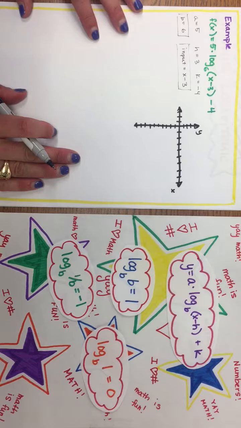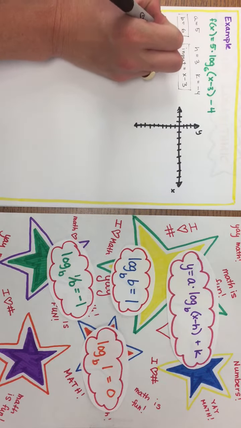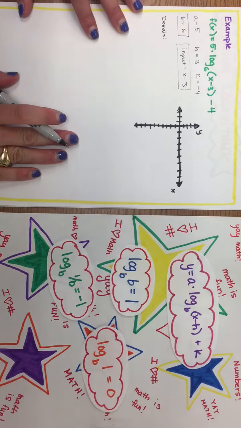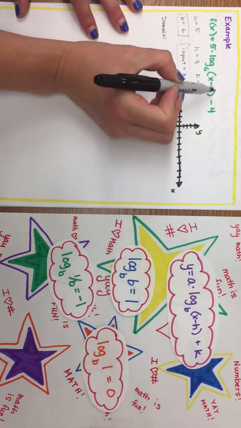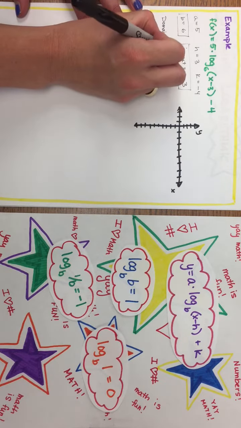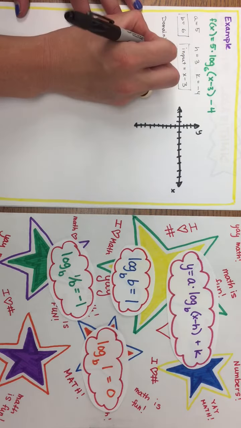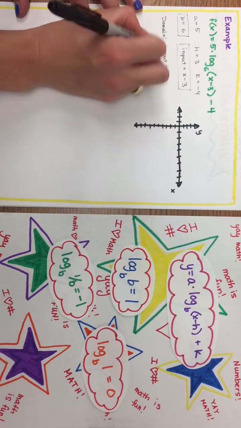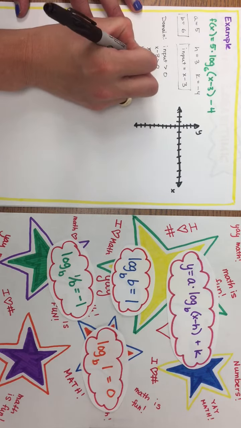Whenever we start graphing logarithmic functions, the best place to start is figuring out what our domain is. Our domain is going to be restricted by what we are allowed to put inside our log function. The input to our log must be positive. So my input to my log is x minus 3, so x has to be greater than 3.